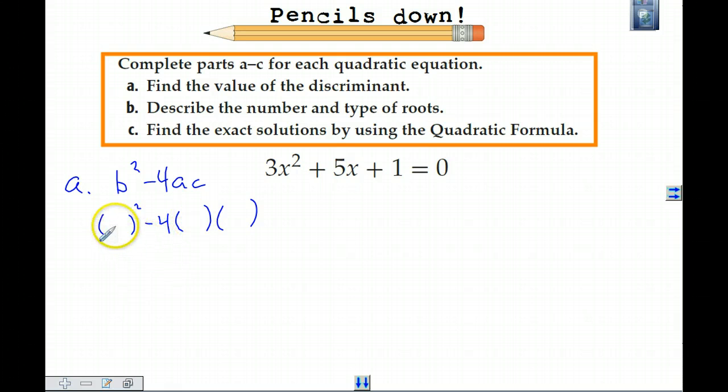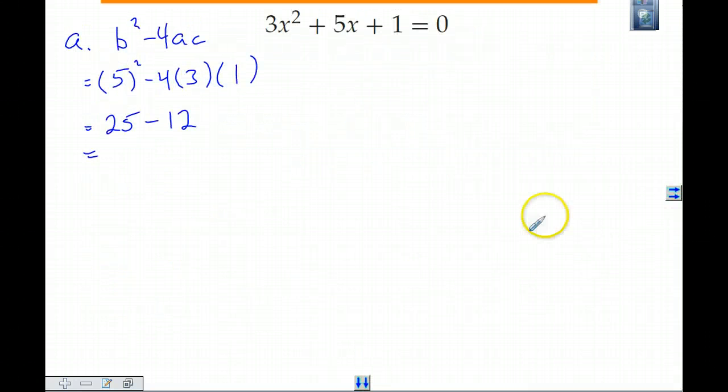So B equals 5, A equals 3, and C equals 1. So for B, what do you get for B? 2 real.